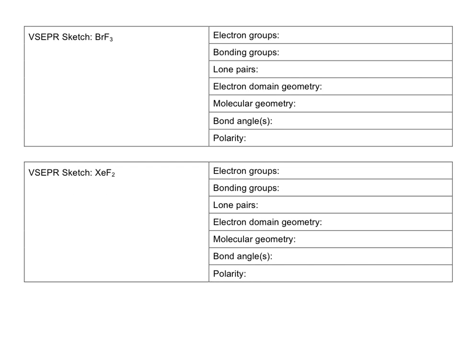For BrF3, Br is going to go in the middle, and then we have the 3 fluorines around. The bromine here in the middle has 2 lone pairs on it. So for electron groups, we have 2 lone pairs, and the 3 bonds make 5 electron groups: 3 bonding and 2 lone pairs. The electron domain geometry, when you have 5 electron groups, is always trigonal bipyramidal.